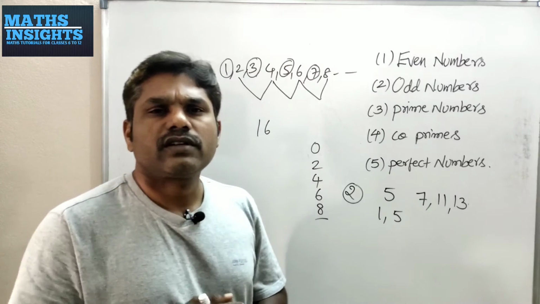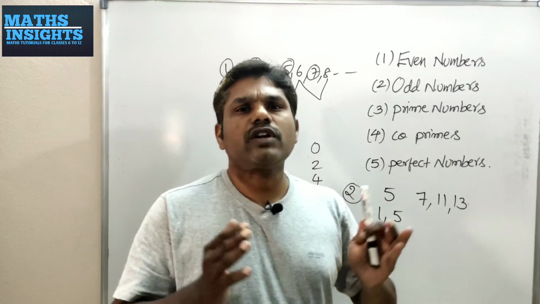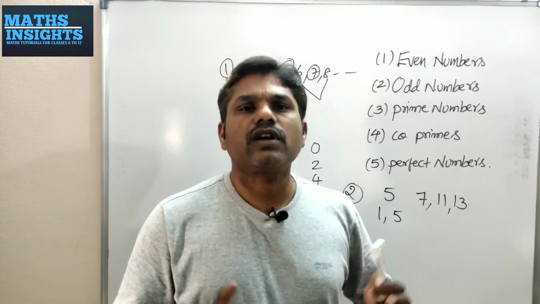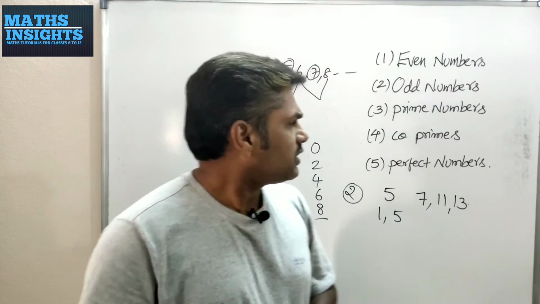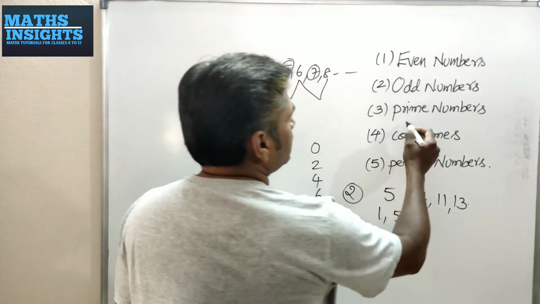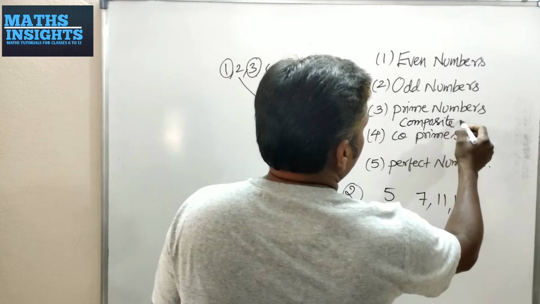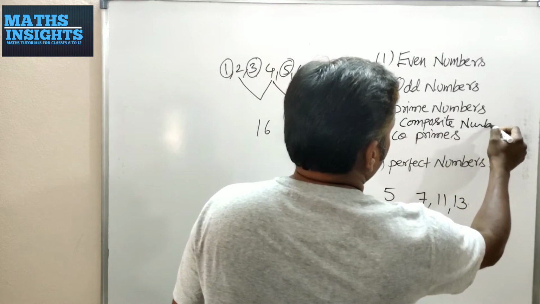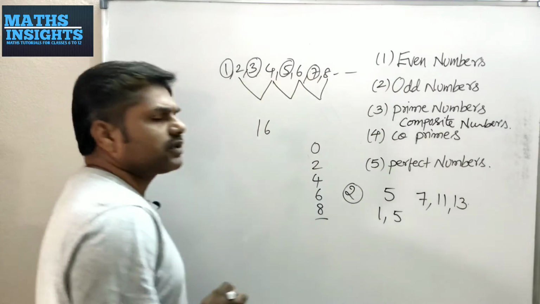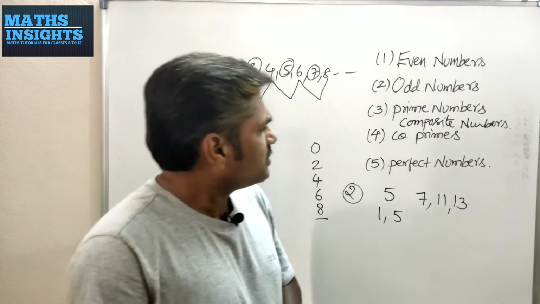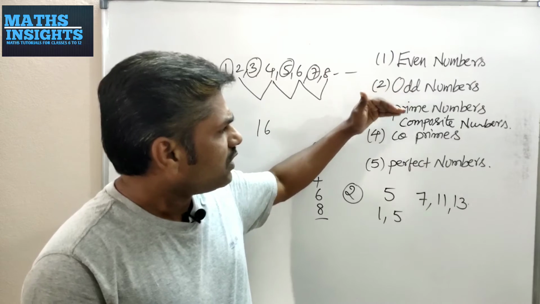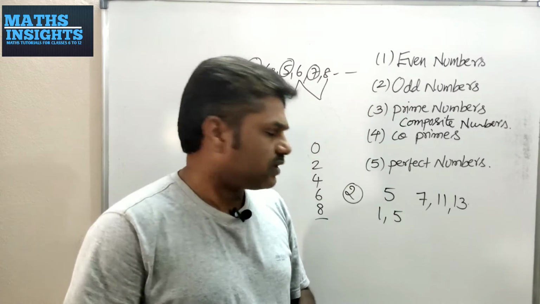The numbers which are not prime numbers are called composite numbers. See, I am including here composite numbers. The set of counting numbers which are not primes are called composite numbers.